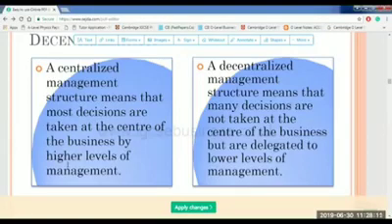In the centralized structure, most of the decisions are taken by the superior management. A decentralized management structure means that many decisions are not taken at the center of the business but are delegated to lower levels of management. Most of the decisions are not taken by the higher authorities, but are given to the lower level of management to decide and perform the tasks accordingly.